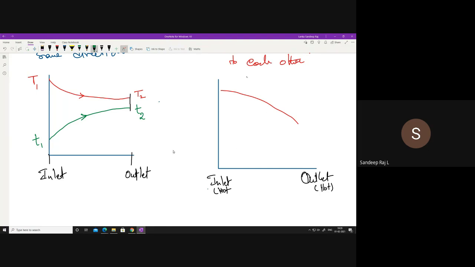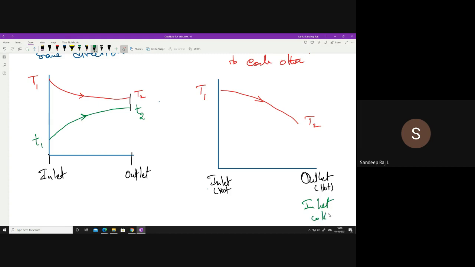Yes, please speak out. What happens to the cold temperature? See, for the cold one, the inlet will be on this side.